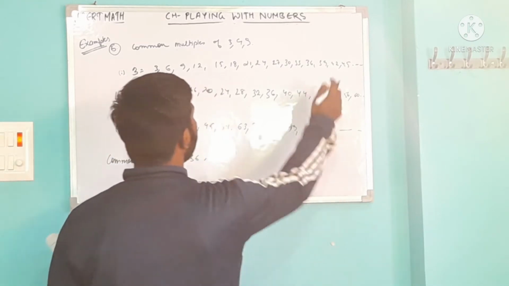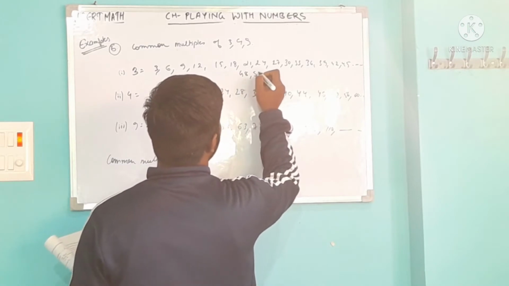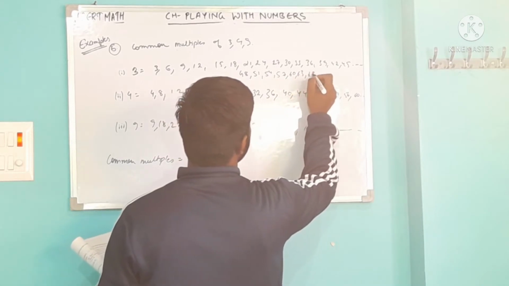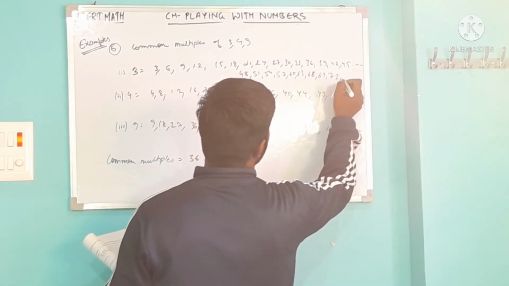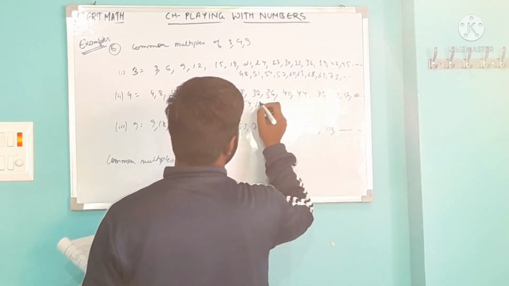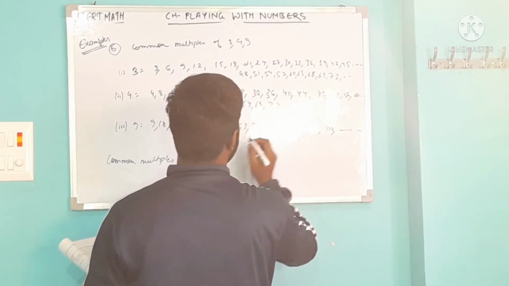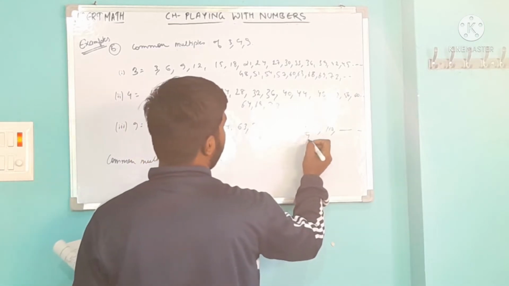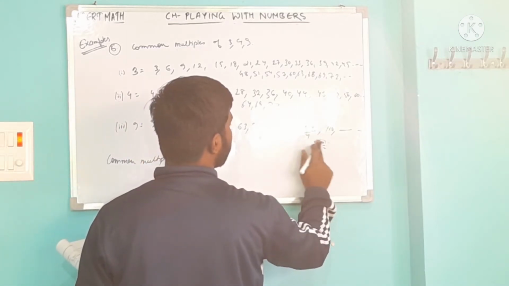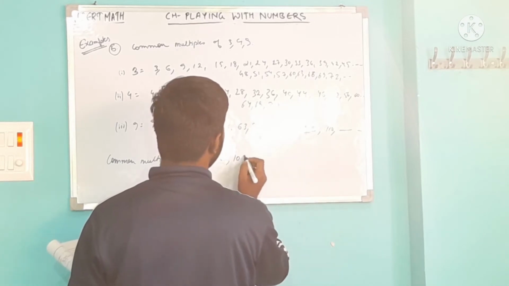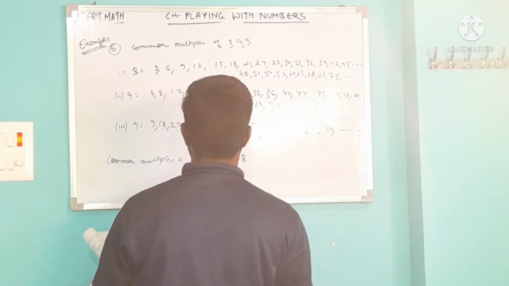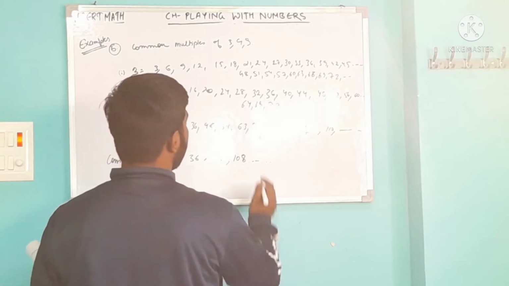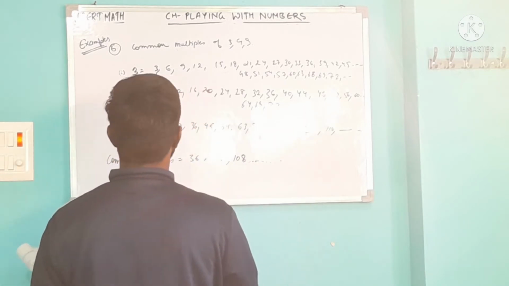Then we have 72, and again 108. So these are the first 3 common multiples of 3, 4 and 9. Many more numbers will occur, going on infinitely.